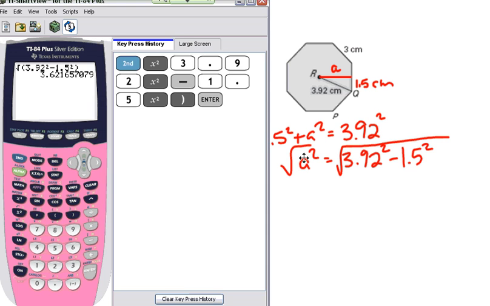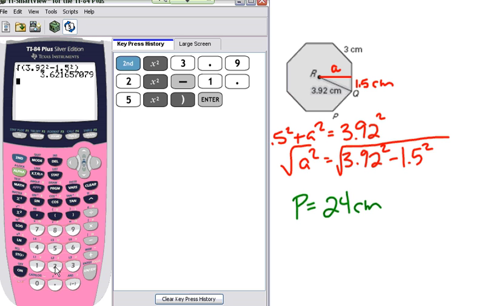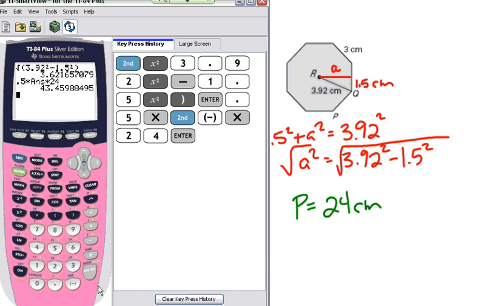We know we're going to multiply it by the perimeter, so we need to know what our perimeter is really fast. There are 8 sides. Each side is 3 centimeters. So my perimeter is 3 times 8, which is 24 centimeters. So I'm going to plug the perimeter and the apothem into my formula and type it into my calculator. I'm going to take 1/2 times my answer that I just got previously, with the entire decimal and everything, and then multiply that times 24, which was my perimeter, and hit enter.